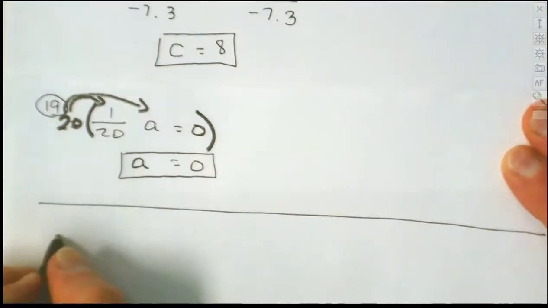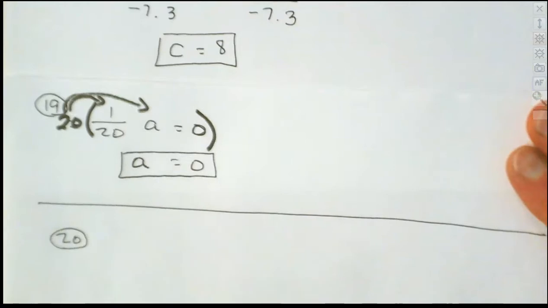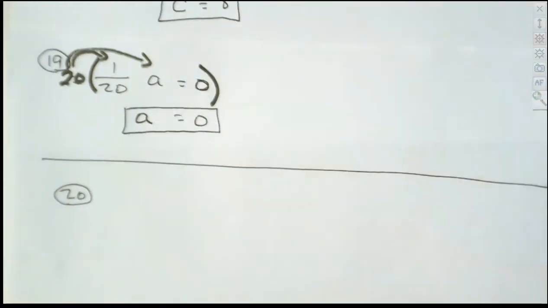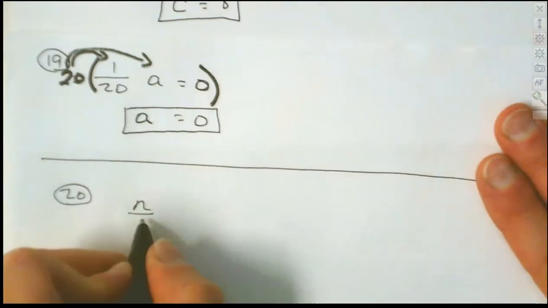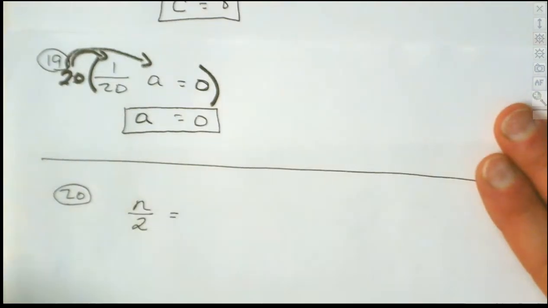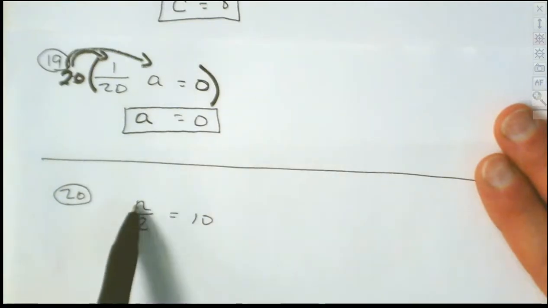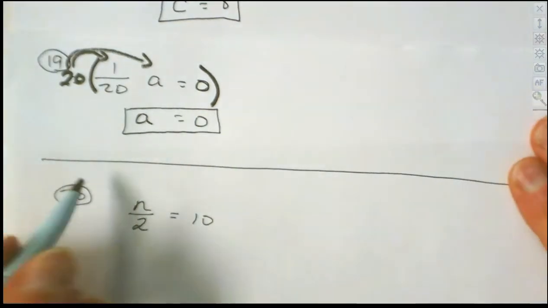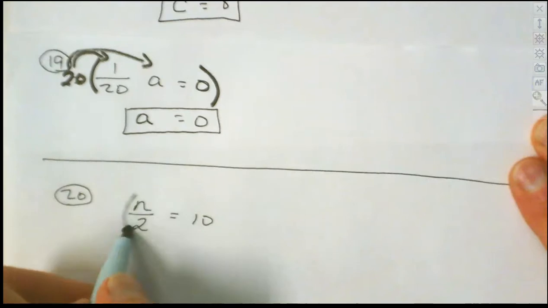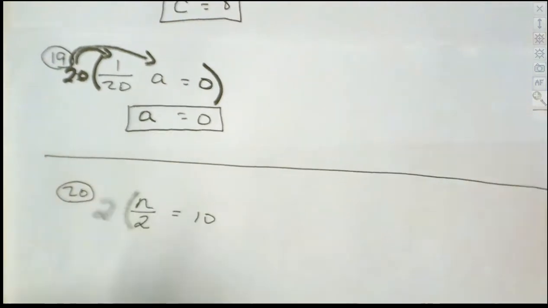And 20 is very similar to the previous two. Looks a little bit different because instead of having a 1, we've got the n here. No different though when we go to solve it. We begin by clearing our fractions. So multiply it all by 2 there.